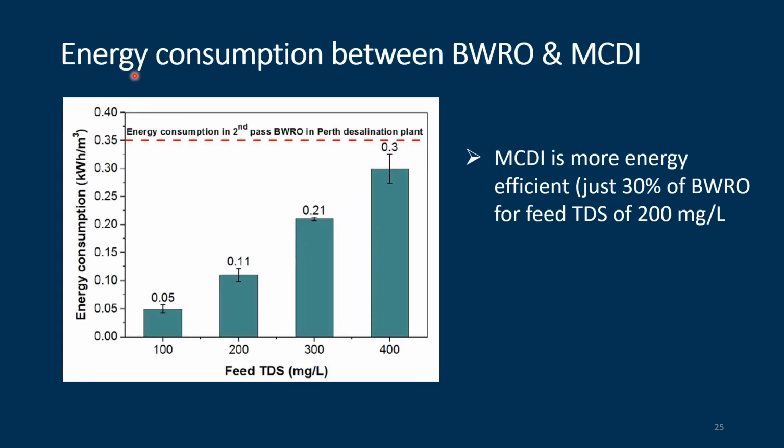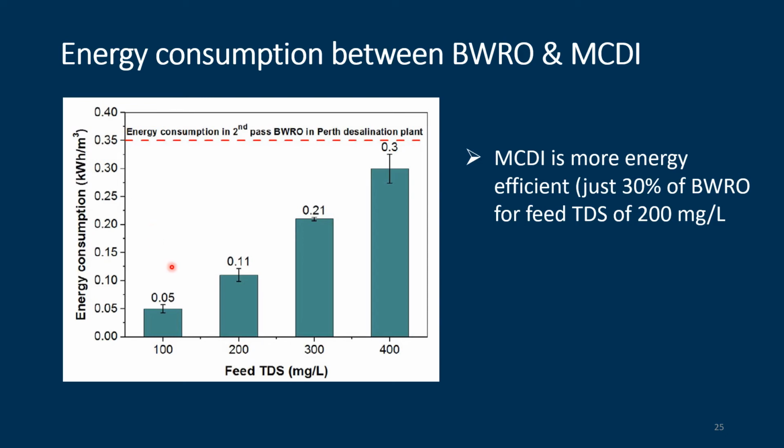Also, we compare the energy consumption between brackish water reverse osmosis and MCDI. As I mentioned, we use a second pass RO, called BWRO, in a seawater desalination plant, so we are targeting the second pass of the post-desalination plant. The energy consumption for RO at 85% recovery is almost 0.35 kilowatt hour per cubic meter.